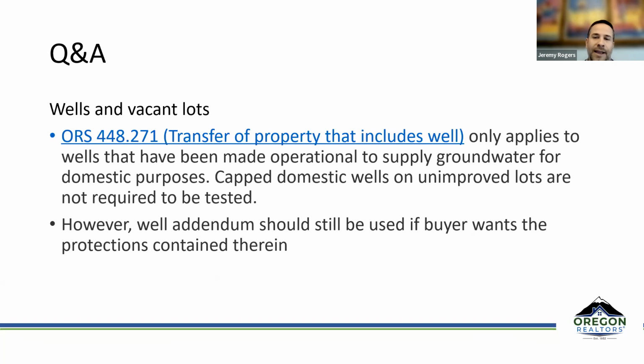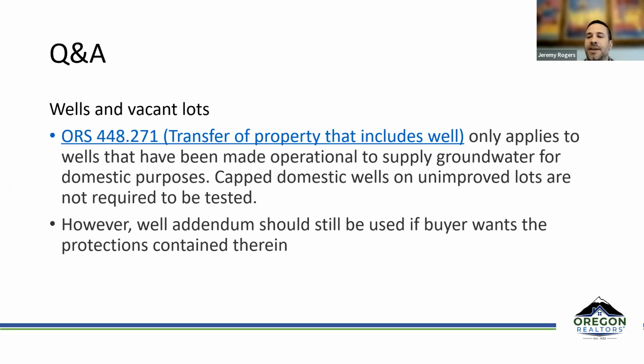The way that I would read that is that if there was a well that was made operational for domestic purposes, and let's say there was a former dwelling unit on the property that's been demolished, but that well is still there and was made operational for that, I would say you need to test the well. If it's been capped, then you wouldn't need to test the well.